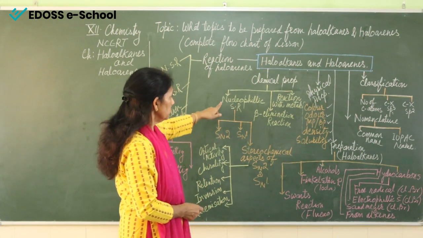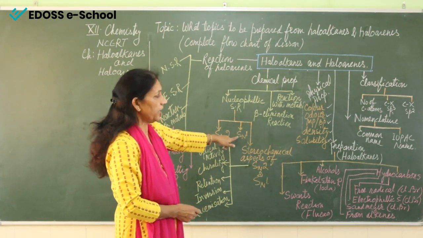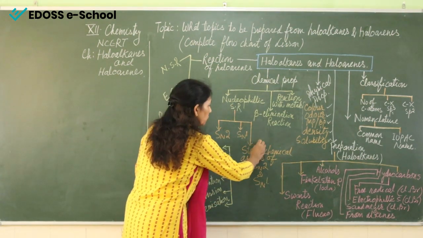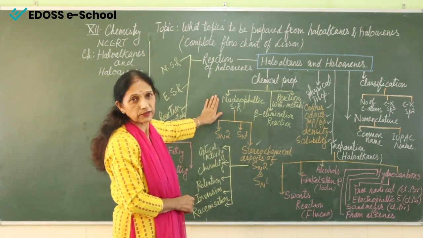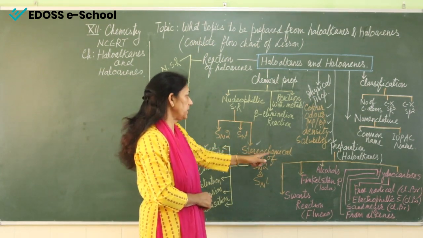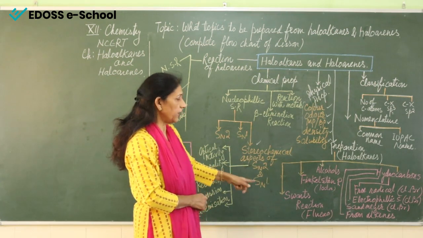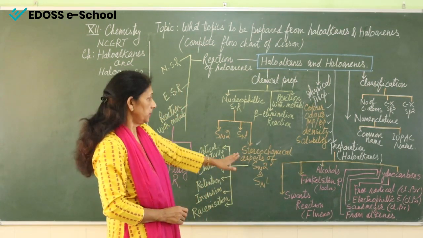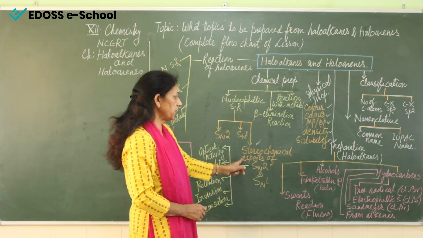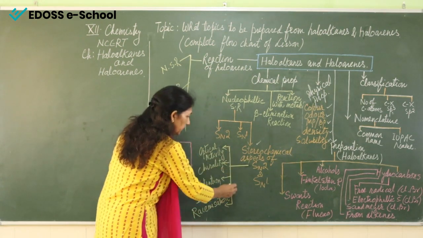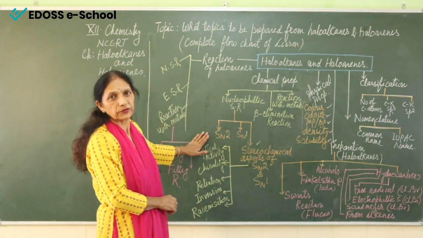Now under nucleophilic substitution there are SN2, SN1, and one more topic that you have to study under this, that is stereochemical aspects of SN2 and SN1. Under these stereochemical aspects we have to study these properties.